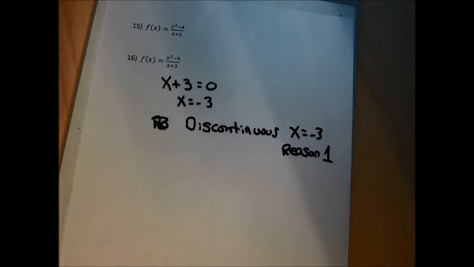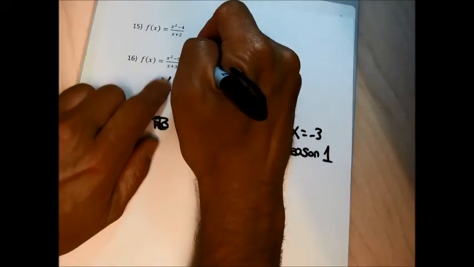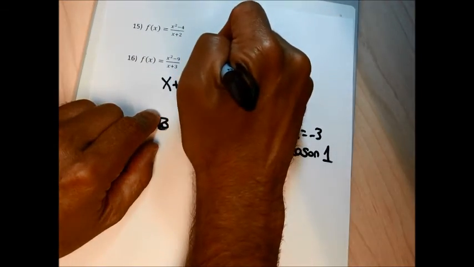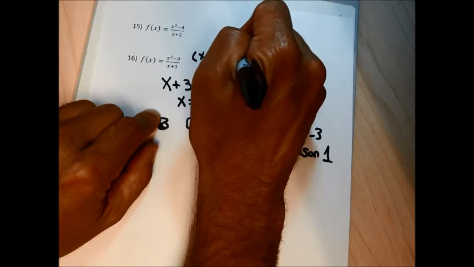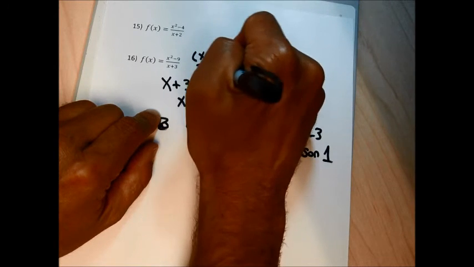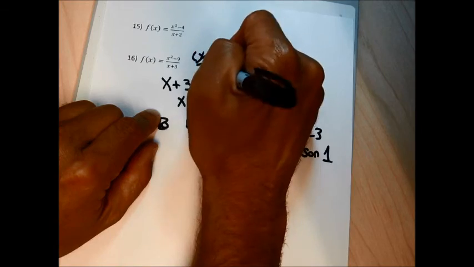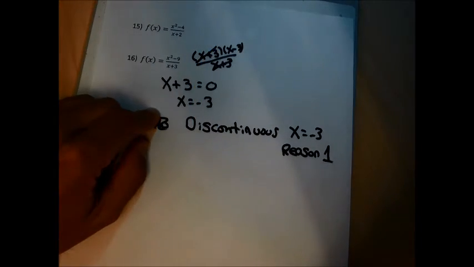This one actually has a hole as opposed to an asymptote, because if I reduced the problem by factoring and canceling, the asymptote will cancel out and create a hole. So there's actually going to be a hole there.